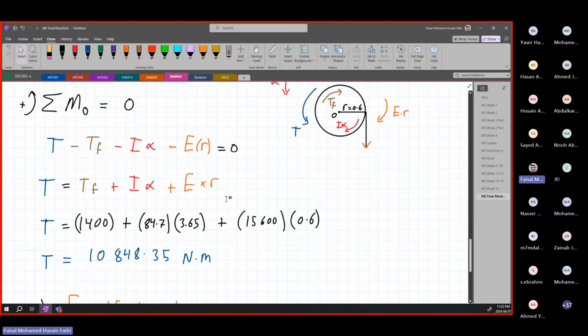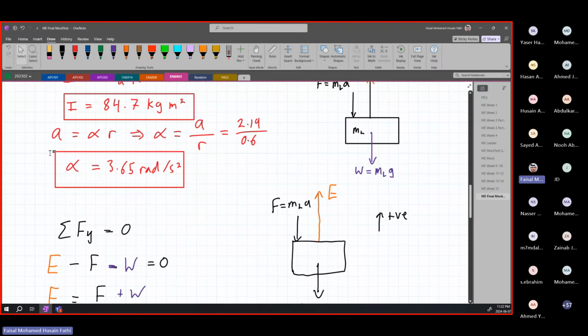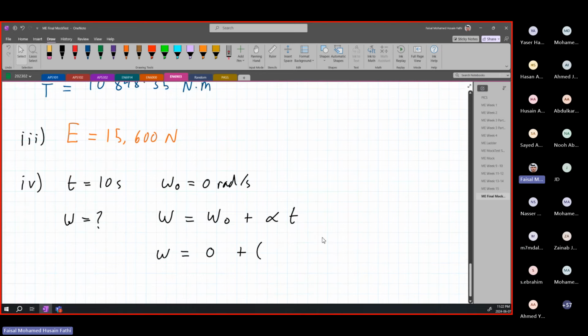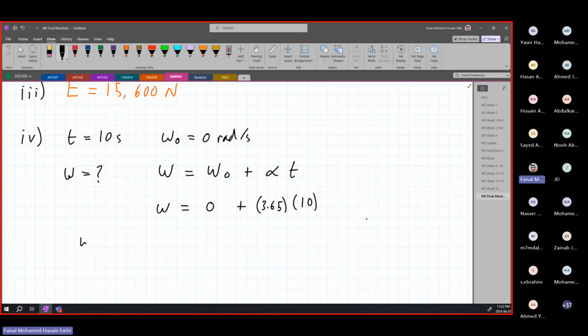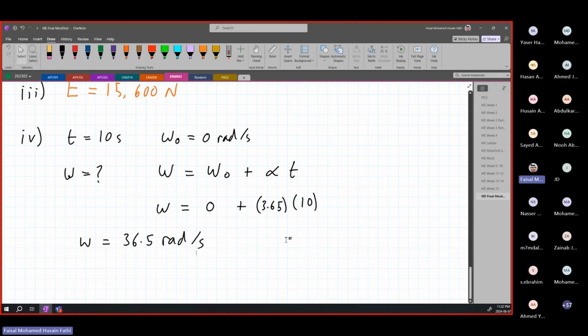Alpha is the value that we have found early on, the same alpha. This is your angular acceleration, which is 3.65, times the time, which is 10 seconds given in the question. So omega is simply equal to 36.5 radians per second. And we have solved the entire first question.